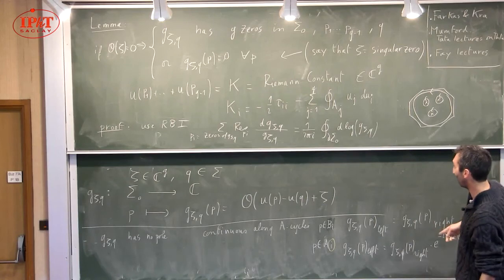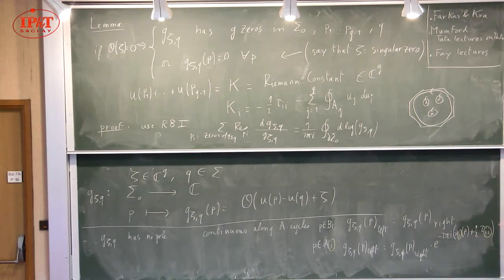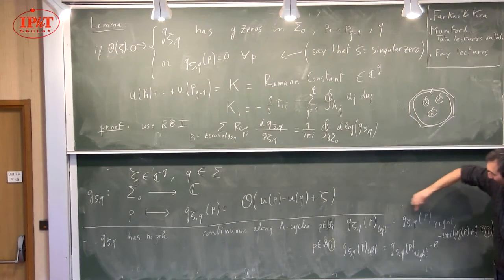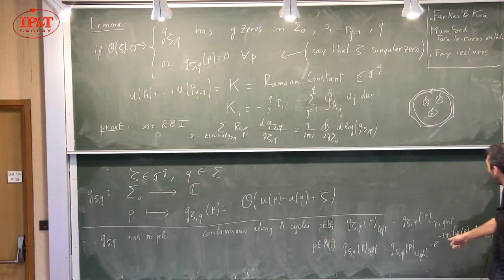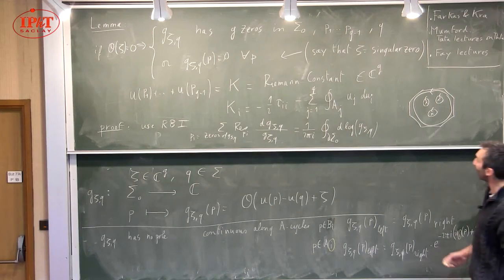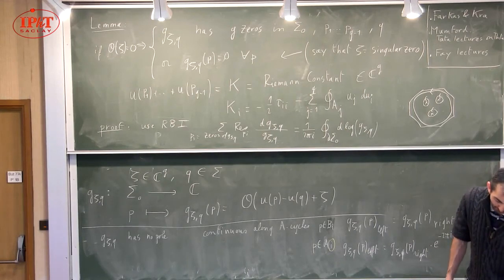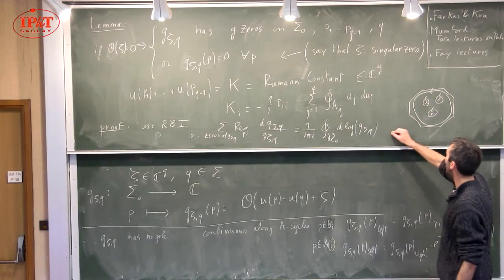You have that nice property that you know what is the difference of log of g across the B cycles and the A cycles. So when you take the log, you just have to take the phases. You do that carefully, and you find that this is just the genus.